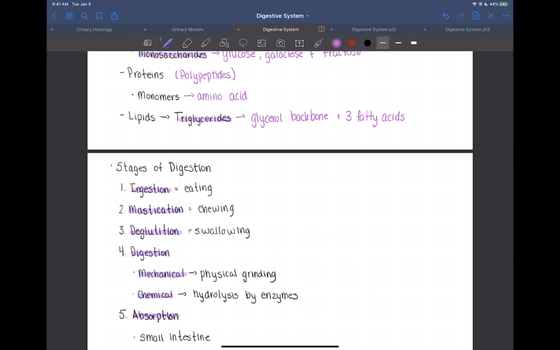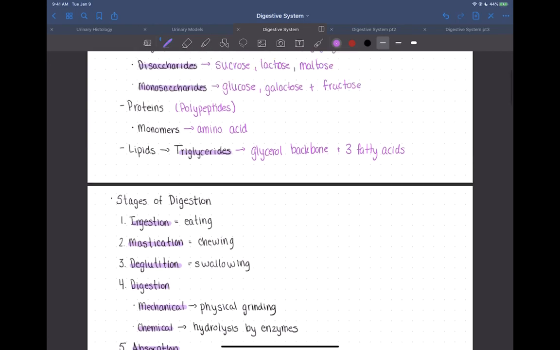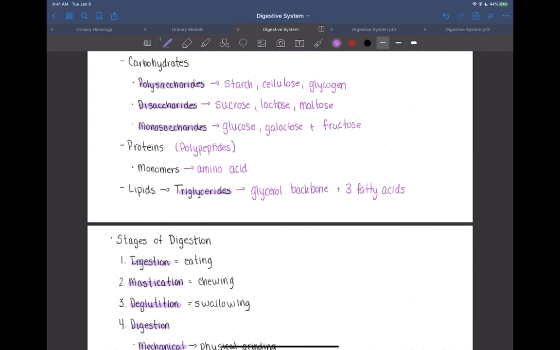And we're going to talk in detail about how that happens with triglycerides, because it's a little different than our hydrophilic molecules like carbohydrates and amino acids, because these are hydrophobic, right? They're fats, so they don't like water. They kind of involve a different process to be absorbed, and so we're going to talk about that in detail.